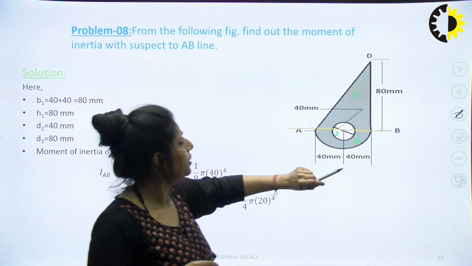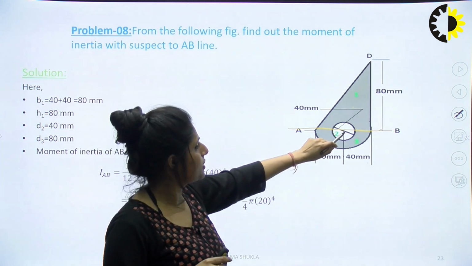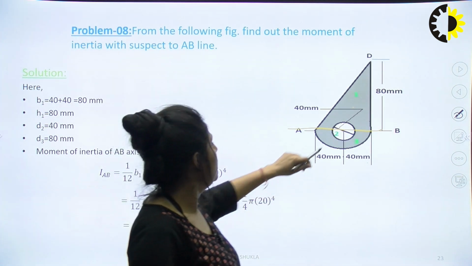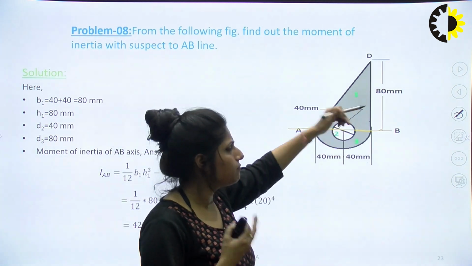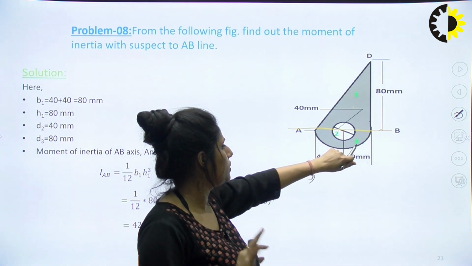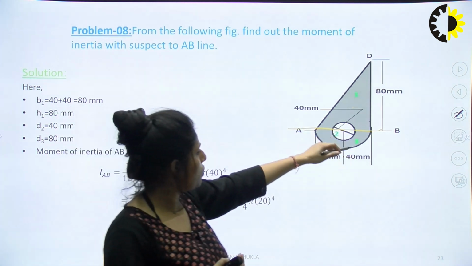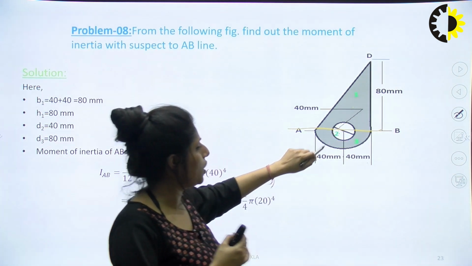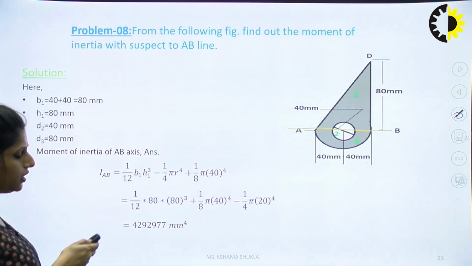That is the first one, the second is a semicircle, and the third is a circle. You can number them 1, 2, 3 as you like. Assume it and solve it. Find the formula for the circle and the semicircle, use all these values and find the answer.